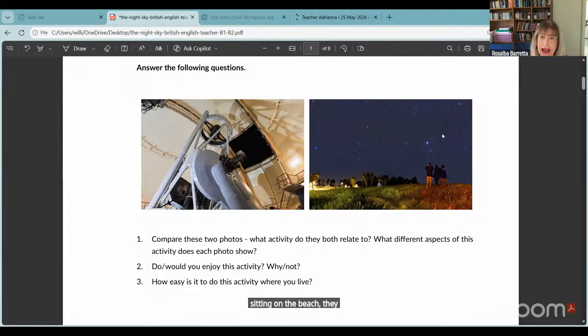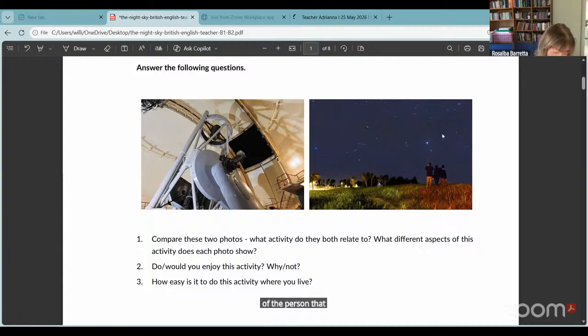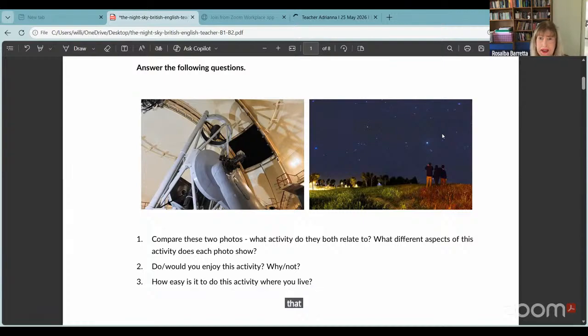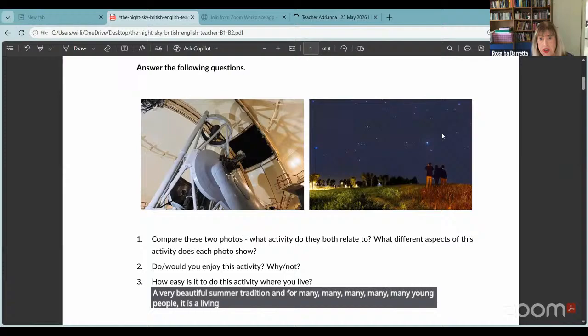They spend the whole night on the beach under the stars, waiting to see the shooting stars of the Perseid meteor shower, and according to this tradition, if you see a shooting star, you make a wish that may come true. It is a very beautiful summer tradition, and for many young people, it is a magical atmosphere.